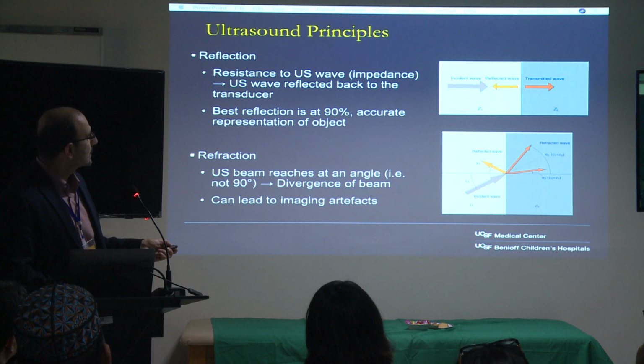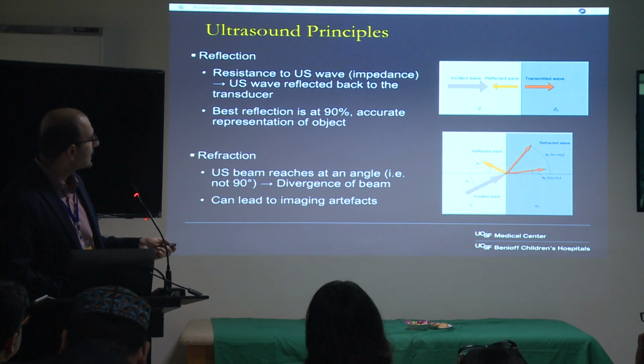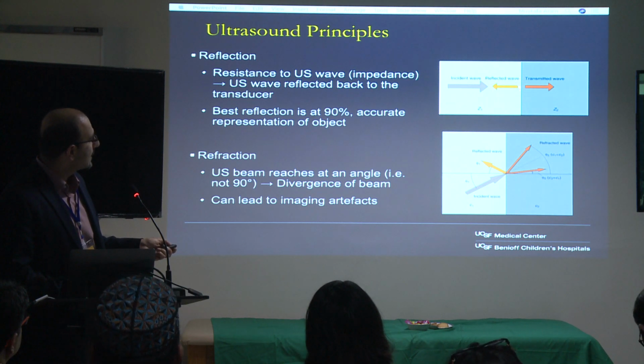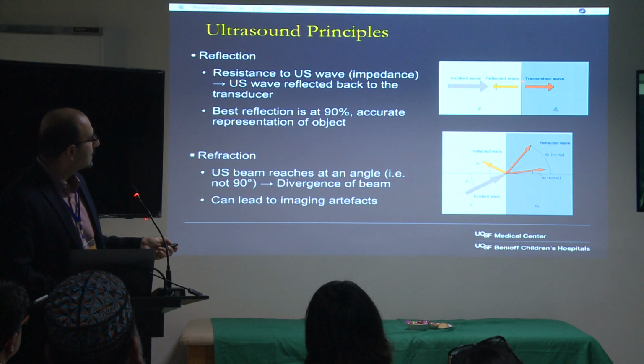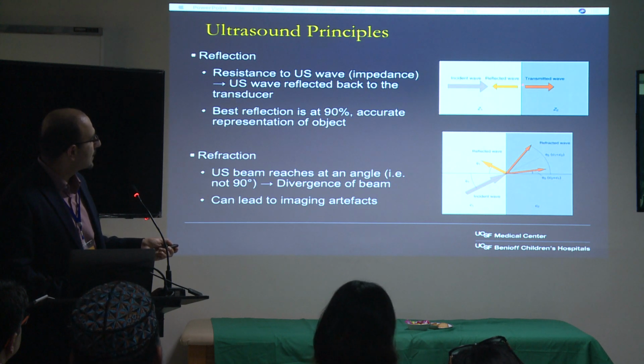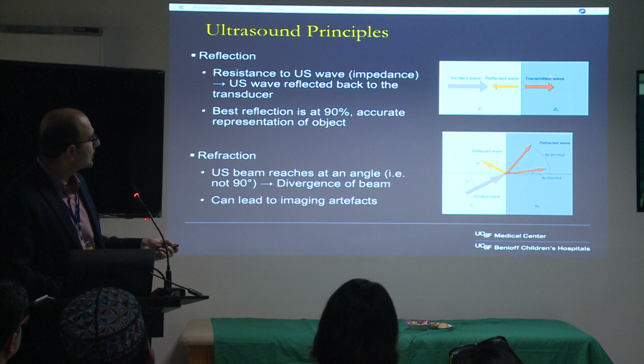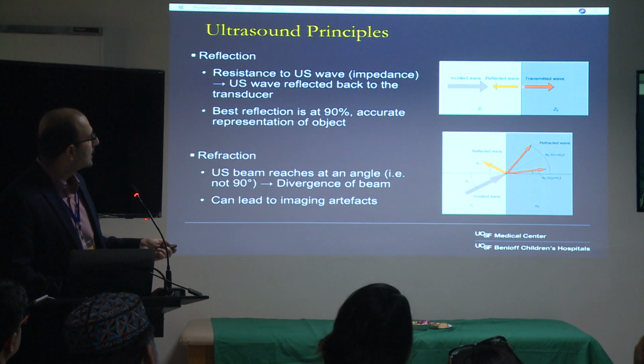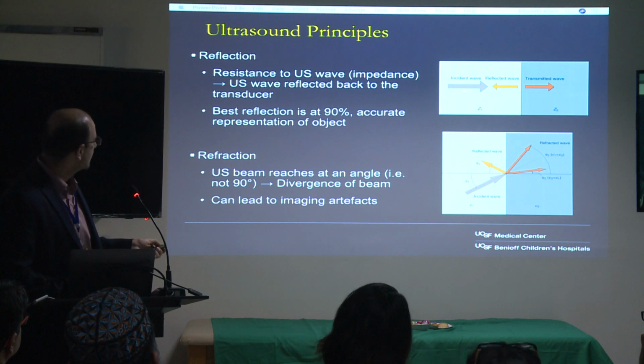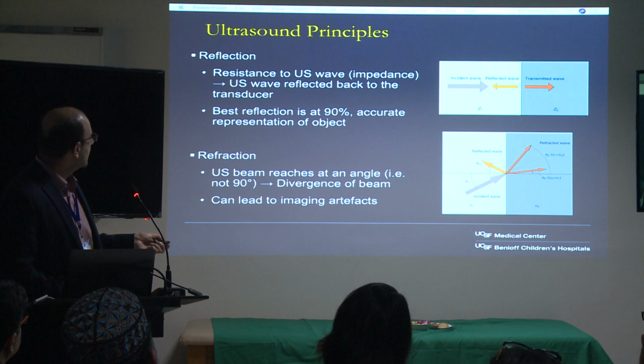What doesn't get reflected may create a signal, and things that are transmitted through around it will keep going through. So the area that is not letting anything through may cause shadowing because you don't see those waves coming through. And we'll get into that.